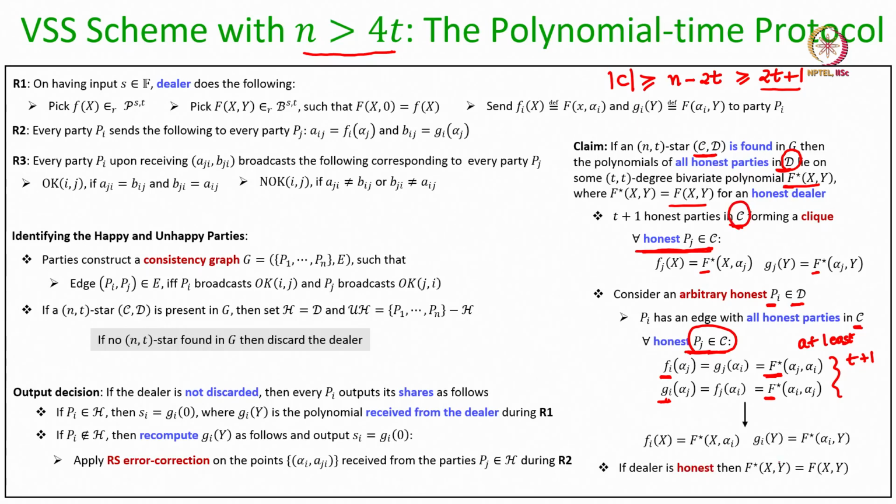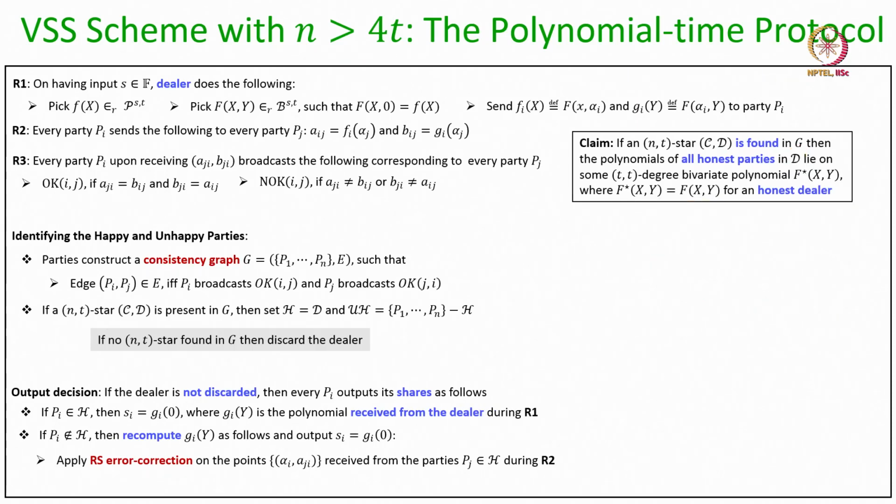And it is also easy to see that if the dealer is honest, then this defined polynomial f star is nothing but the polynomial f of x y which has been selected by the dealer, because all the row and column polynomials which an honest dealer distributes are with respect to this bivariate polynomial f of x y. Okay.